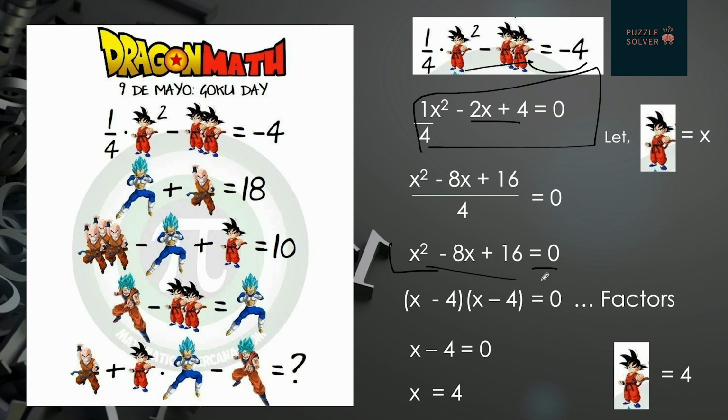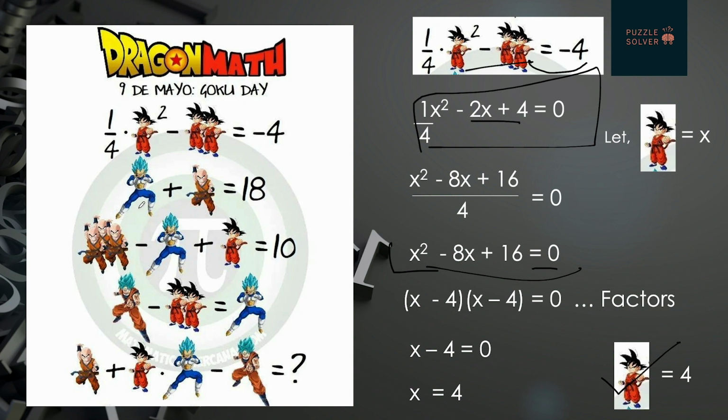So the factors of this quadratic equation will be x minus 4 and x minus 4. So x minus 4 into x minus 4 is equal to 0. So x minus 4 will also be equal to 0. So the value of x will be equal to 4. And from the first equation we have one character value, that is Gohan is equal to 4.